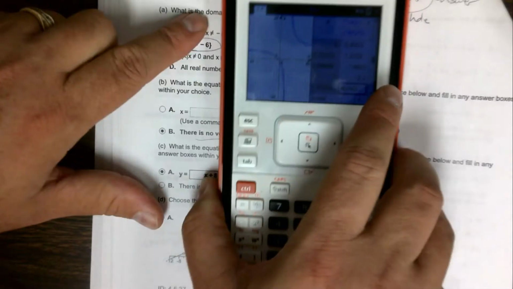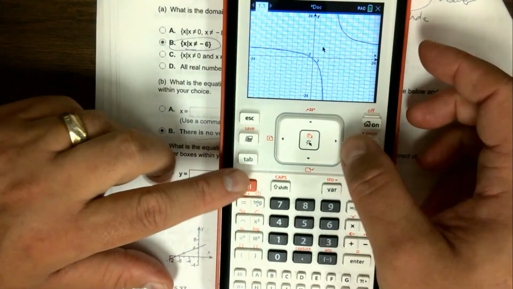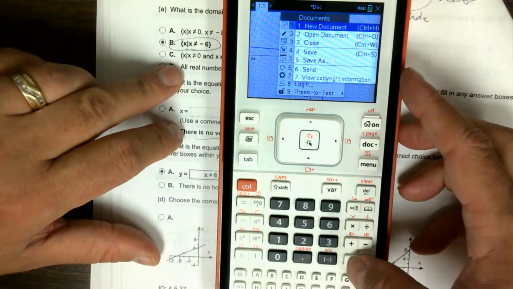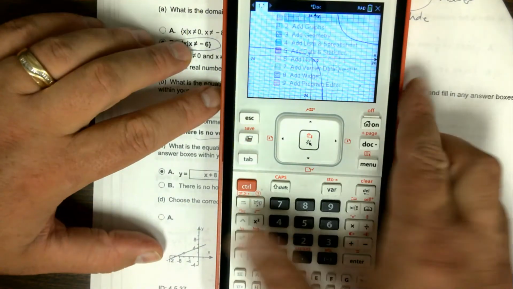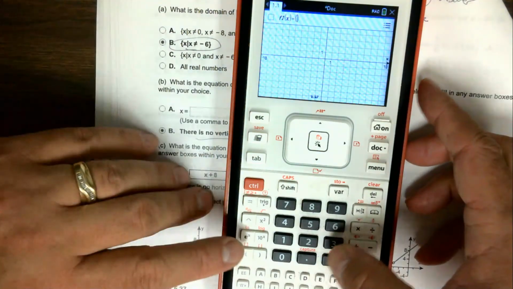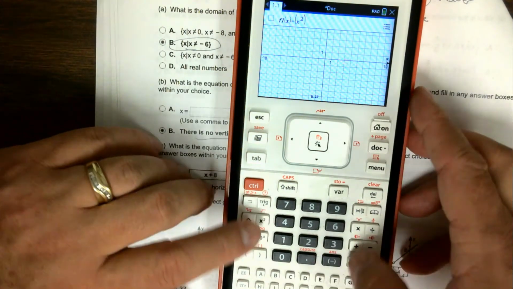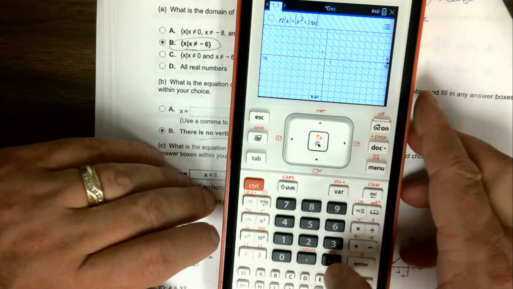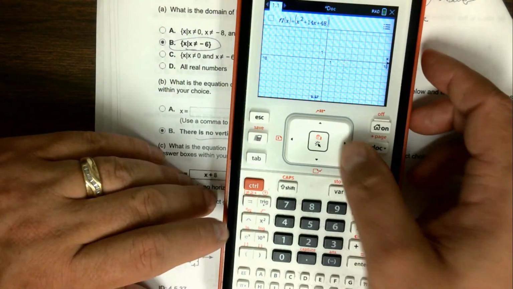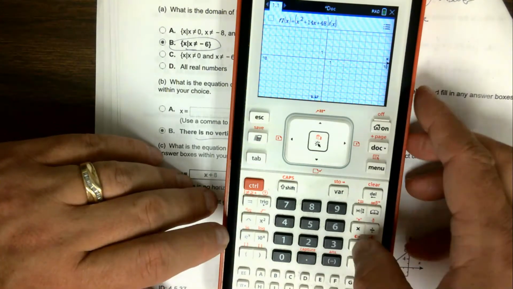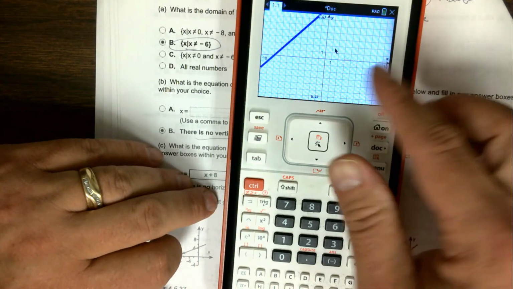So if you graph this, x squared plus 14x plus 48, all of that divided by x plus 6 in parentheses, it's just a straight line.